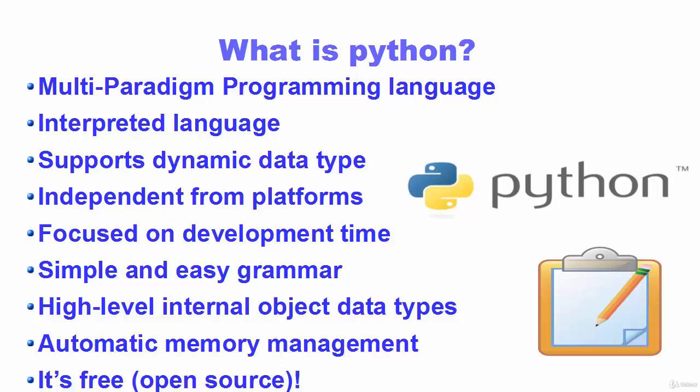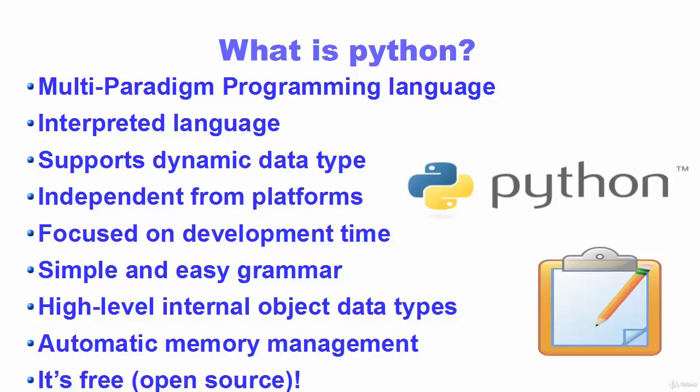Now, Python supports dynamic data types. To understand this, we need to understand the difference between statically typed programming languages and dynamically typed programming languages. Statically typed programming languages do the type checking at compile time as opposed to runtime, and dynamically typed programming languages do type checking at runtime as opposed to compile time.